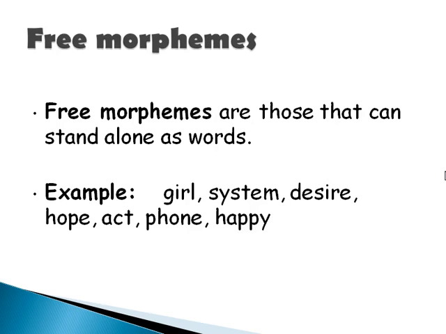And this is also a free morpheme, because being a morpheme and being a word assures that this word is free. The same for hope, act, phone, happy, and many others that you may find examples and that I want to hear from you right now.